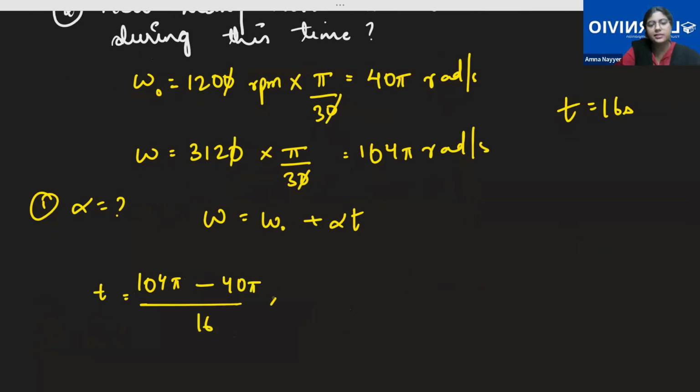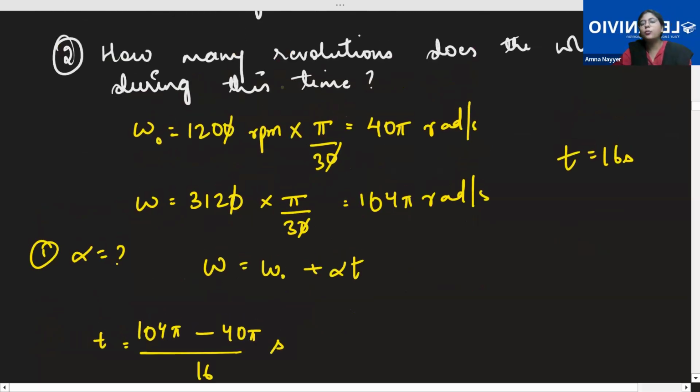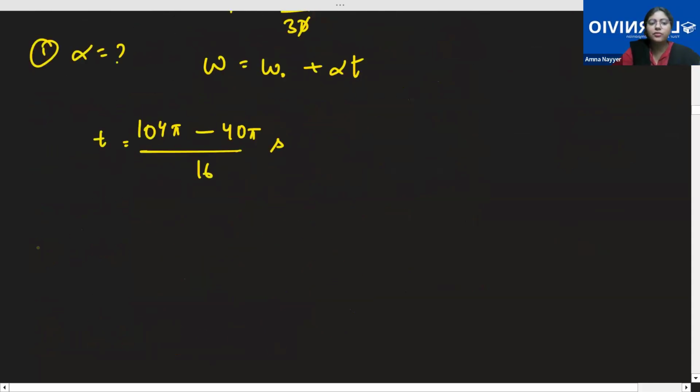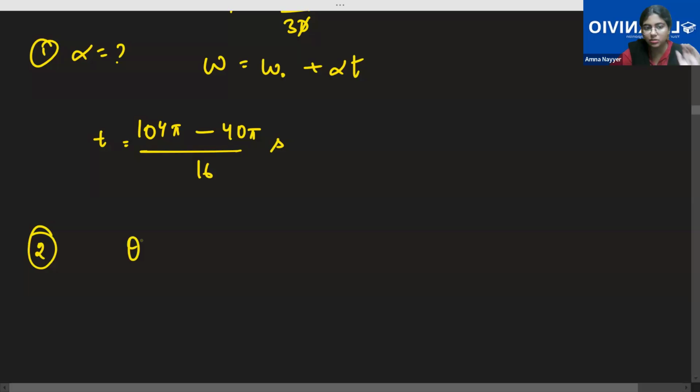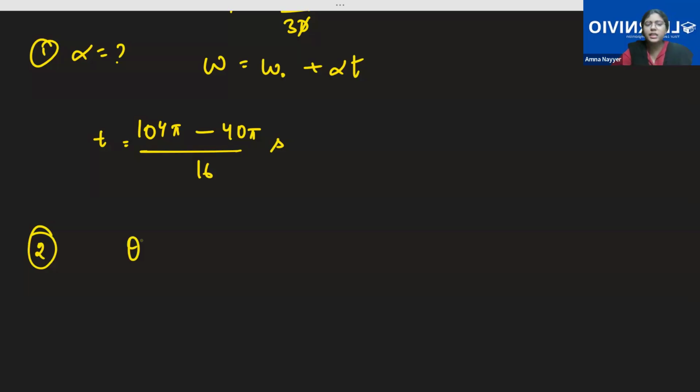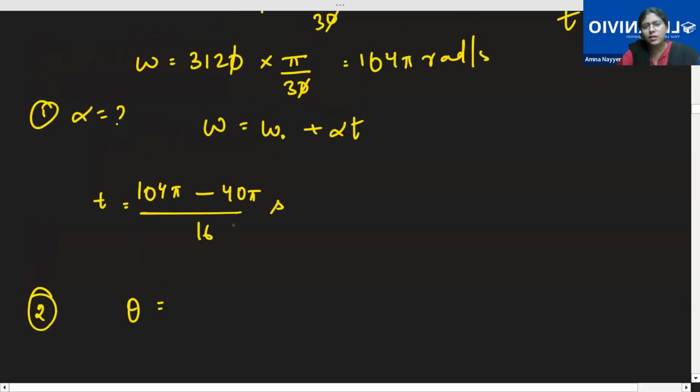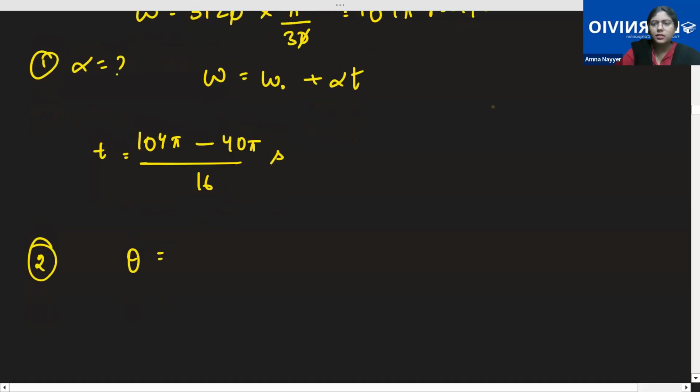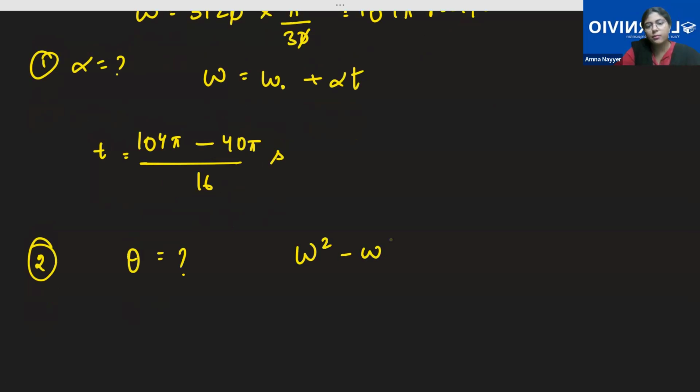T is in seconds. The second part says, how many revolutions does the wheel make during this time? For the number of revolutions, calculate the value of theta first. Theta can be calculated using any of the equations. Use the third one: omega square minus omega naught square is equal to 2 theta alpha.